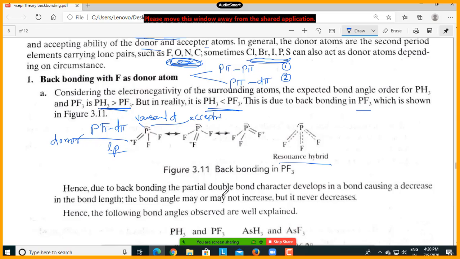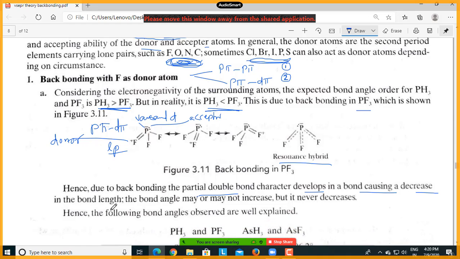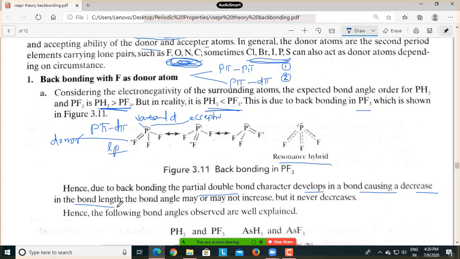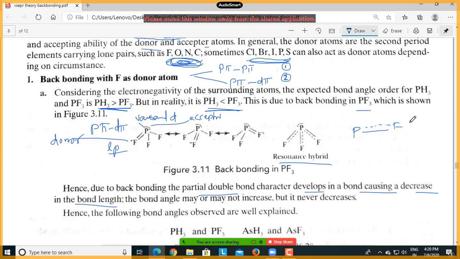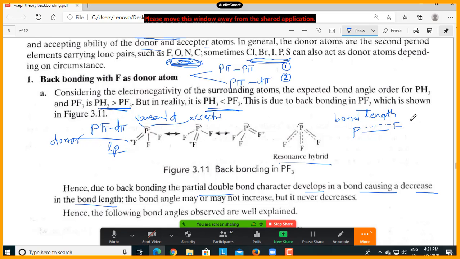Bond length of P double bond is less than of P single bond. Is that clear? So bond length increase and bond engagement may not increase. Some not increase also, but it will never. In this case, it is easy, but in some cases, it will increase. Which case it will not increase?